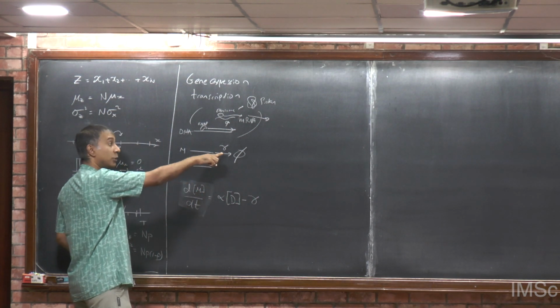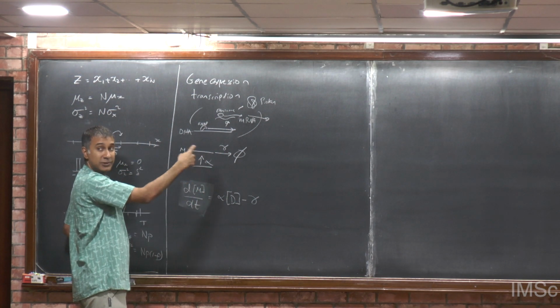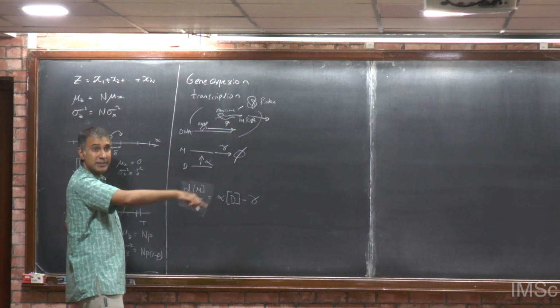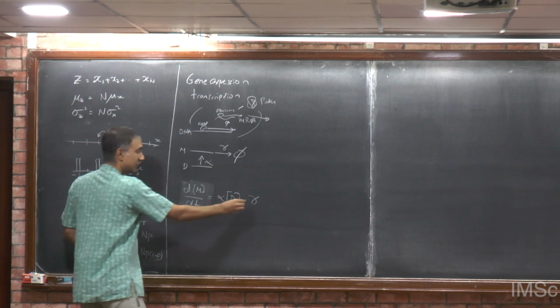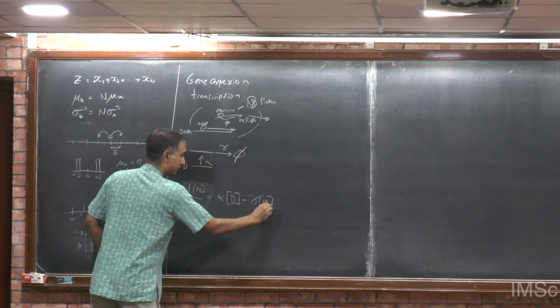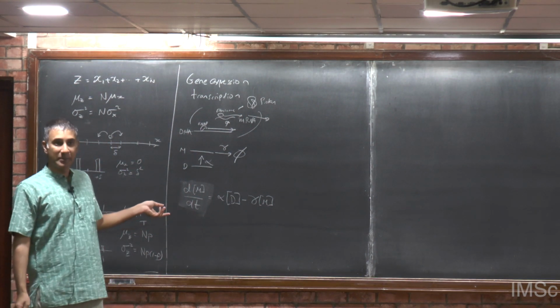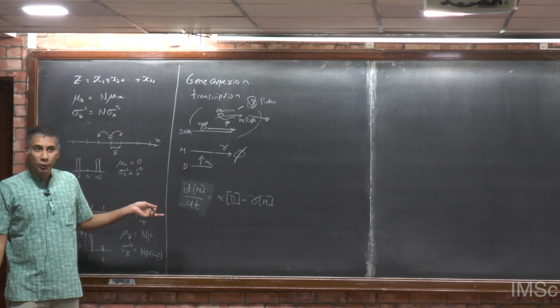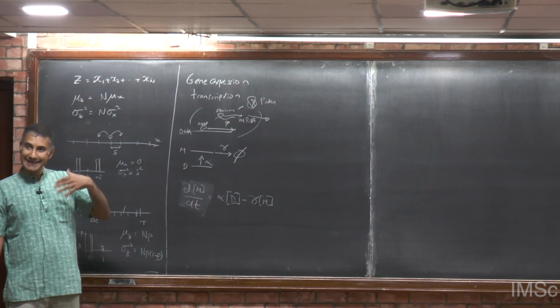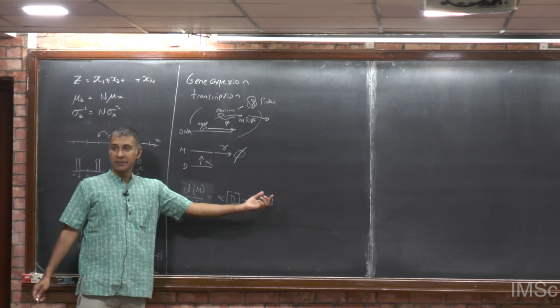So gamma is a rate constant, alpha is a rate constant, these are not rates. So they need to be multiplied by concentrations in a first order chemical reaction, right? So it will be gamma times m. Okay, and you've already seen an equation like this in a different context when we were talking about population growth and so on, right? So the fact that death is proportional to the number that are already there.